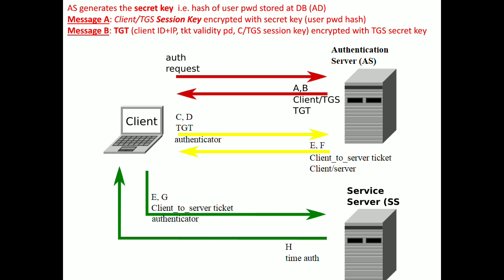And this ticket granting ticket contains the user ID and IP, the ticket validity period, and the session key which will be used for future communication between the client and the TGS. So up till now, the TGS does not know this session key which will be used between itself and the client. But once it decrypts this TGT, then it will know about this session key.